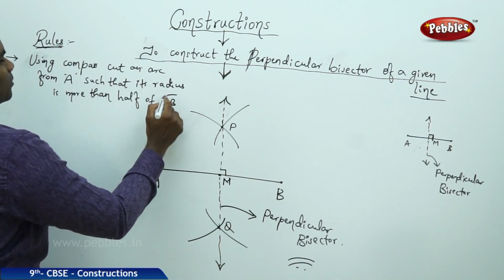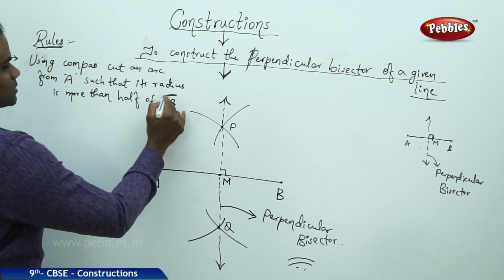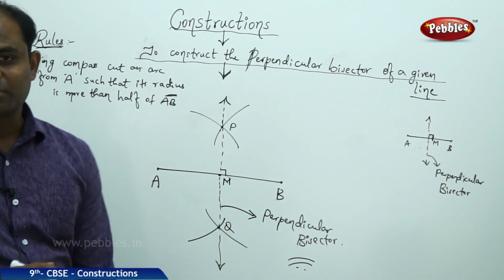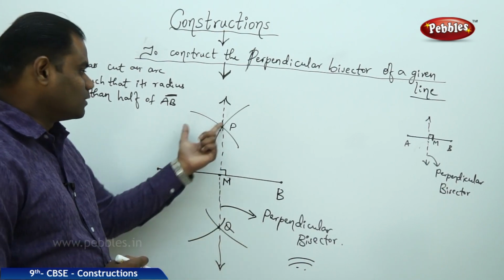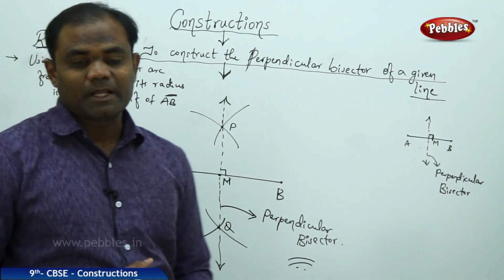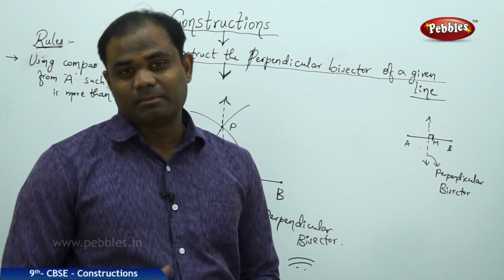This is very important. This is taken as a precautionary measure, because if you don't take the distance more than half, the two arcs never cut, and there's no question of forming the perpendicular bisector.